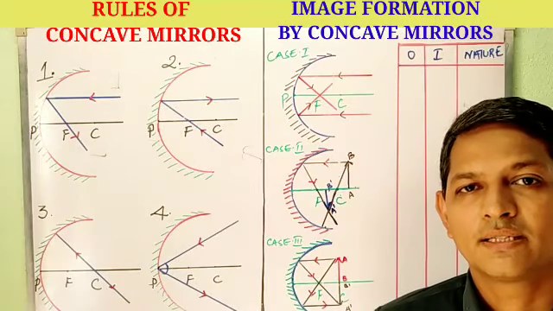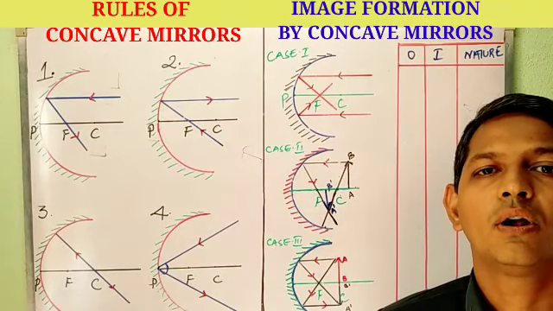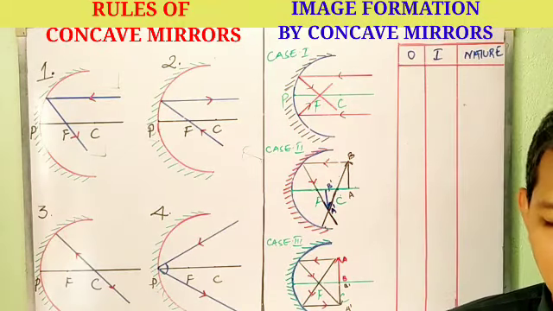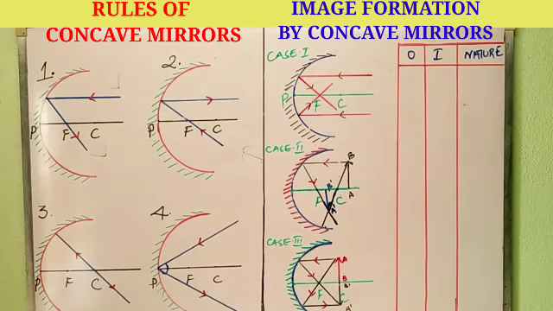Next, the second thing is what are the rules for the image formation by concave mirrors. If you see here, these are the rules.